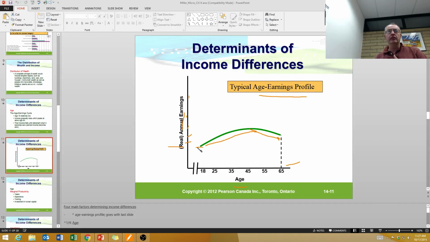So the reason our earnings are low when we're young is because we probably have low levels of experience, low levels of training, and low levels of education.